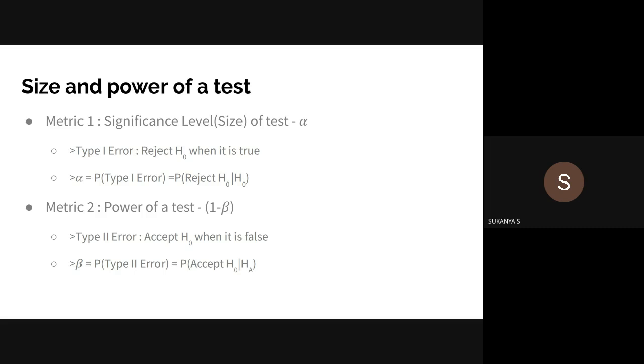So these are the two metrics. Always what everybody wants, we always want alpha as well as beta to be minimized, right? That's what anybody would prefer any day. We don't want an alternative scenario. We always want alpha and beta to be minimal in our test. But in real life what happens is, even though you can generalize and say that if alpha increases beta decreases or something, there is no definite relation like that.